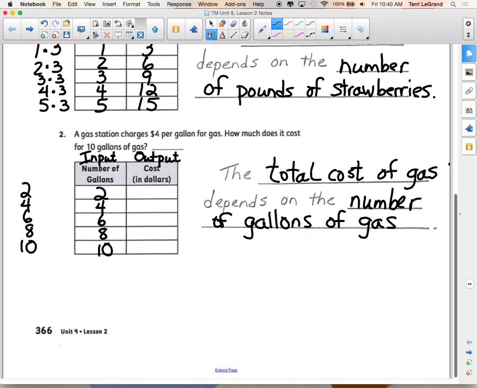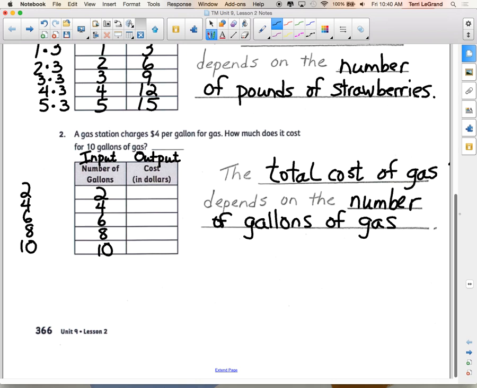So it's $4 per gallon, so we should take it times 2. No. Times 2 is 4. 0, what should we take it times? We should add. What should we add? 2. Okay, why should we add 2? Because 2 plus 2 is 4.